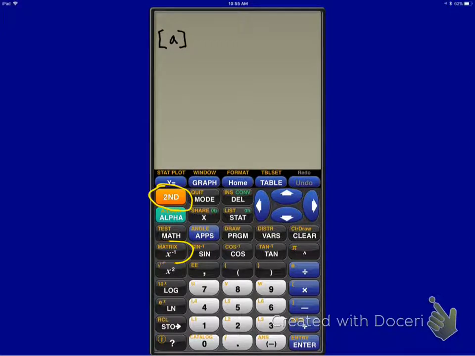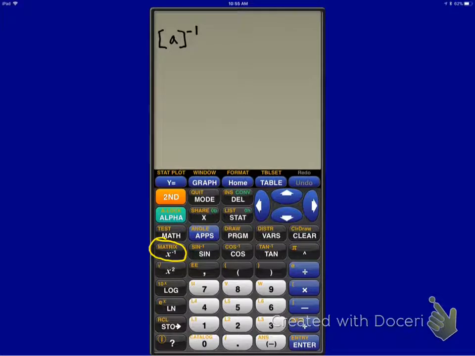Then, without hitting second, do not hit second, you will hit your matrix button again. So you can see that's x to the negative first power. Raising anything to the negative first power gives you its inverse.